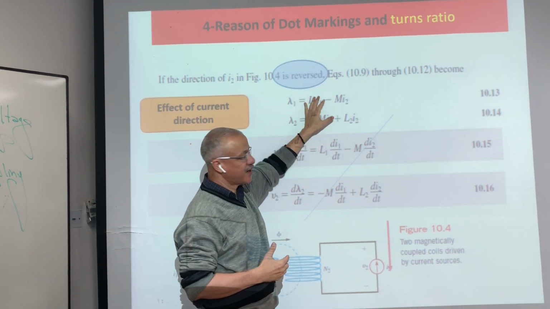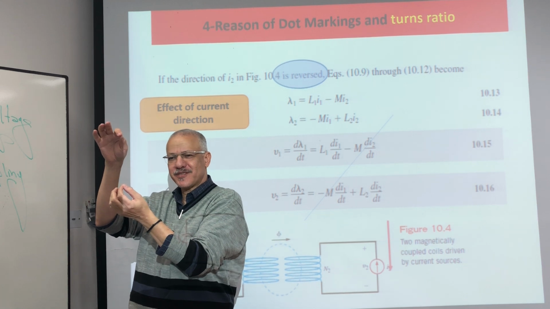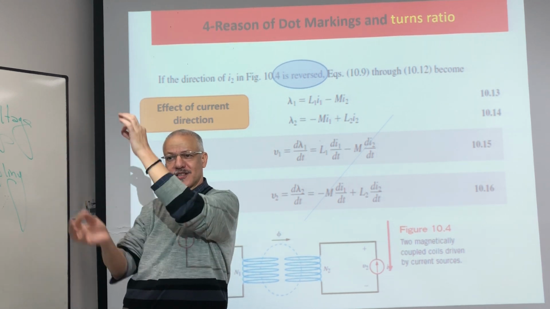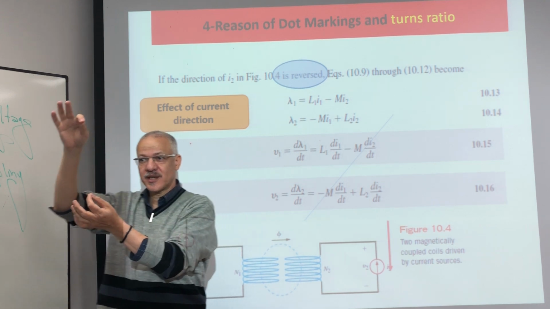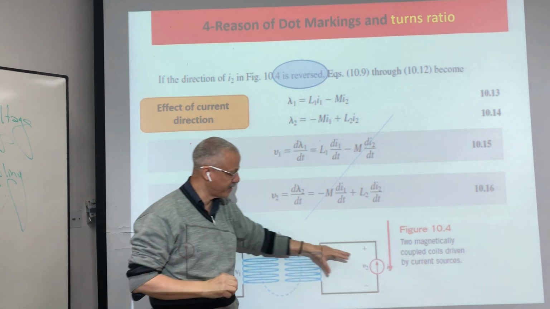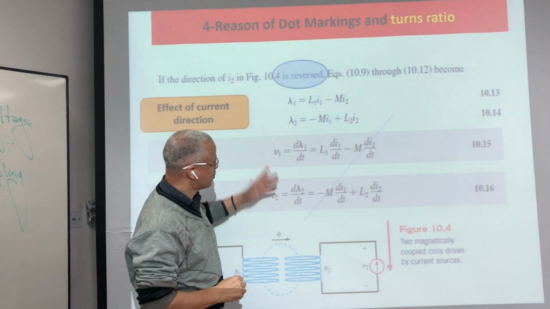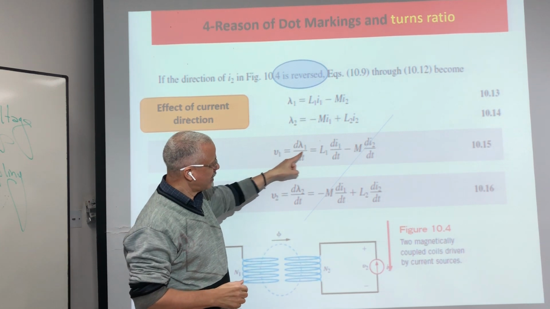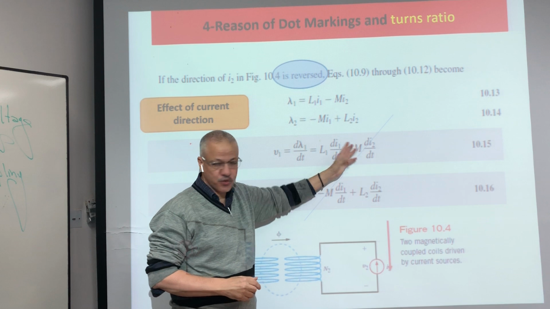Keep in your minds the self inductance is the same. It doesn't depend. When you look at the circuit, the self doesn't change. If you change the direction, the self voltage is the same, no change. But the mutual coupling depends on the direction of the current. So if we reverse the current, this mutual coupling will be reversed. So it is simply V1 equal L1 di1 by dt minus M di2 by dt.